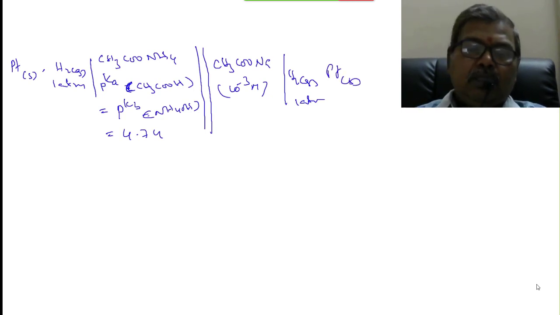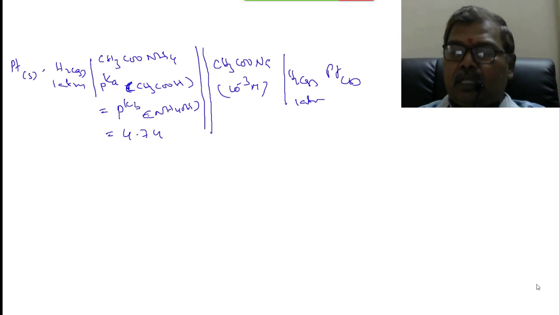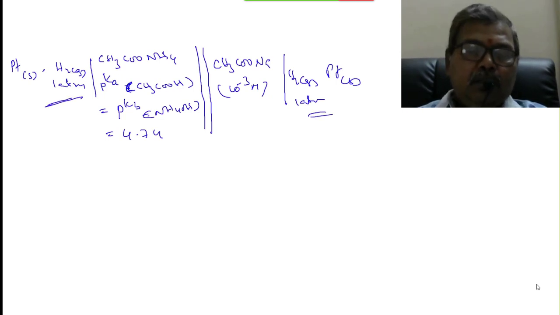Right? So this is a concentration cell. Now in the anode half cell and cathode half cell, the electrode is at 1 unit concentration, or you can say active mass is 1, right?